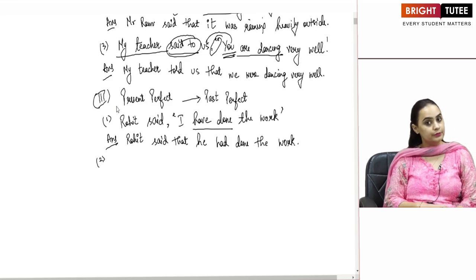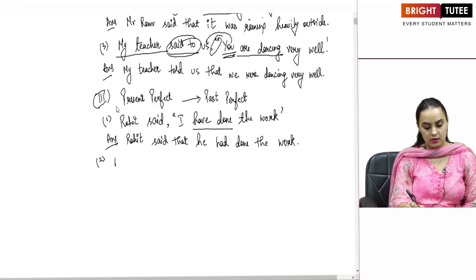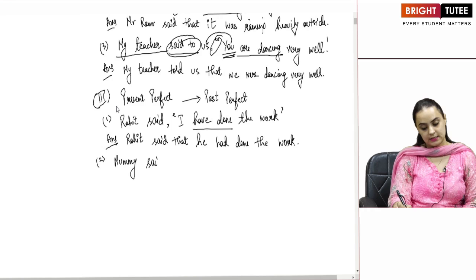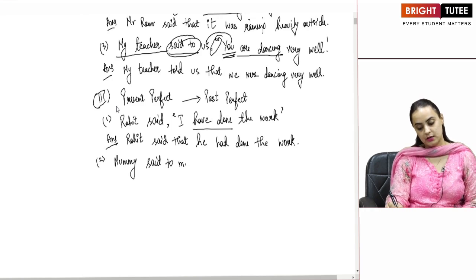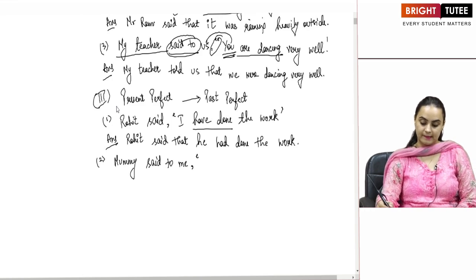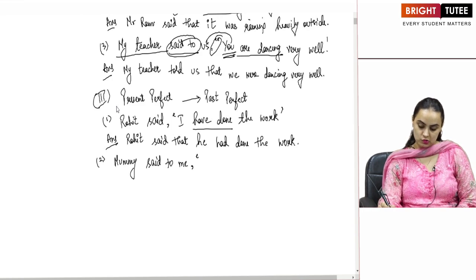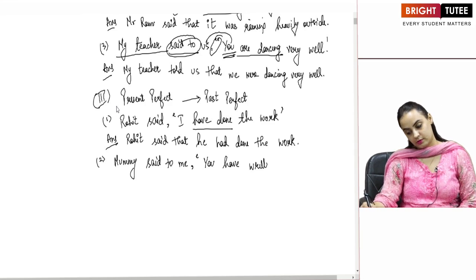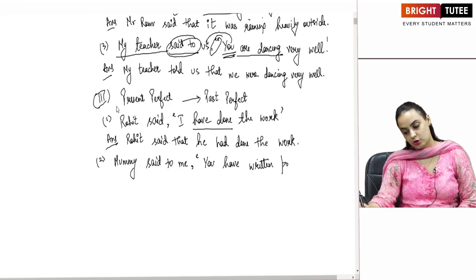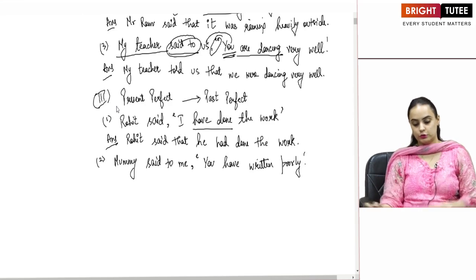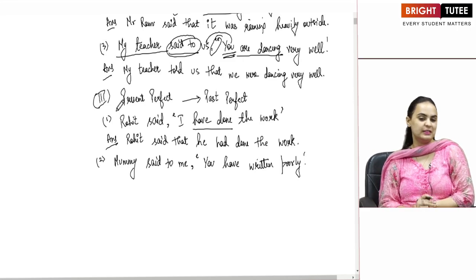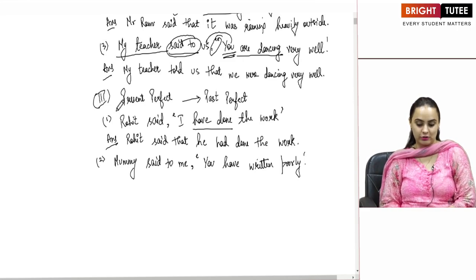Another example. Mummy said to me, you have written poorly. So, my mother said to me that I have written poorly, which means I have written in a very bad handwriting.